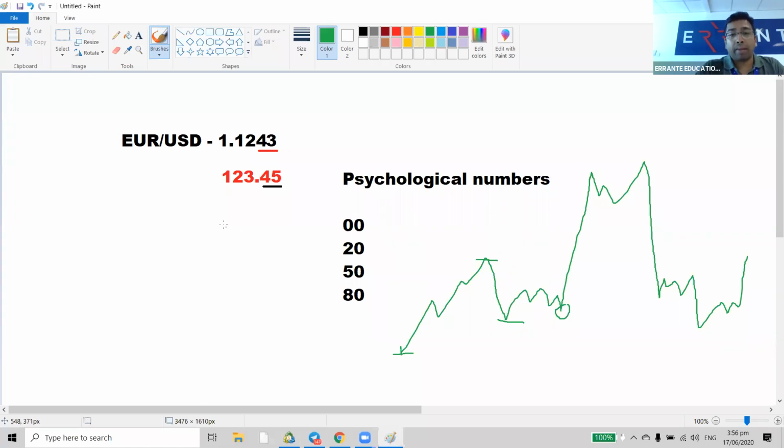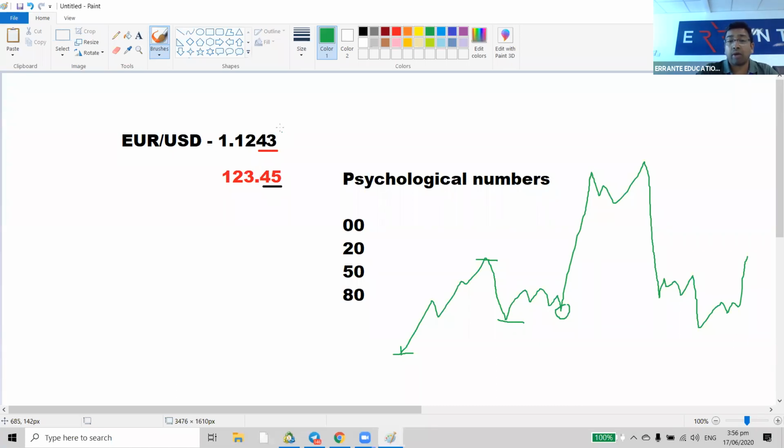The way you use these psychological numbers is very, very simple. To enter the market, whether it is a buy or sell, you first need to understand which it is. If it is a buy, it is better to buy 10 pips above the psychological number. But your first question needs to be, which psychological number is it closest to? Now you have two choices: a psychological number to the upside and one to the downside.